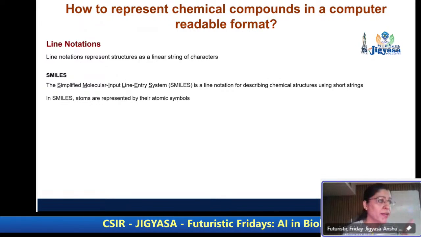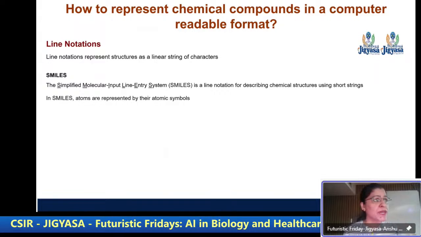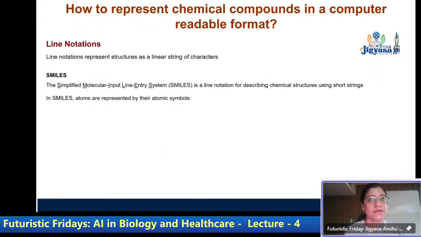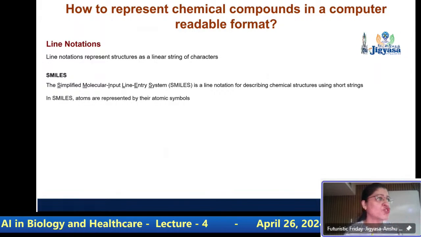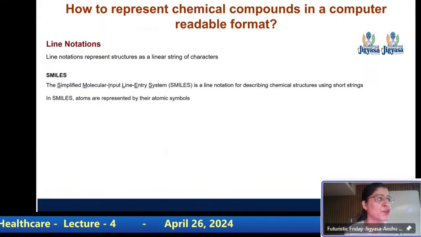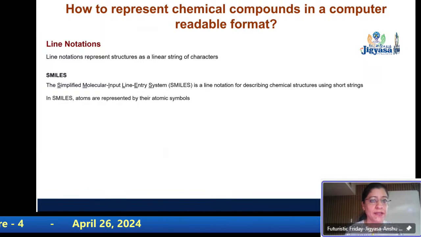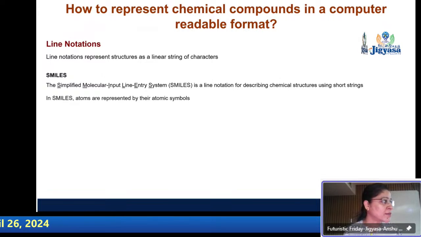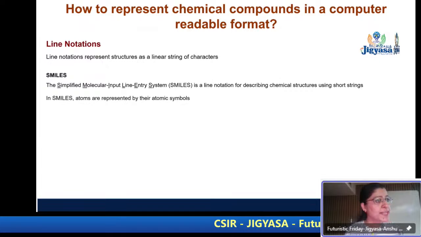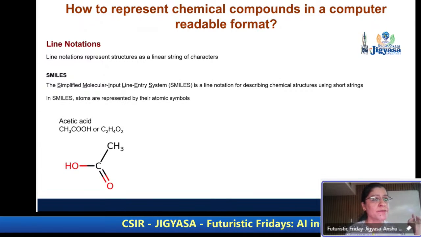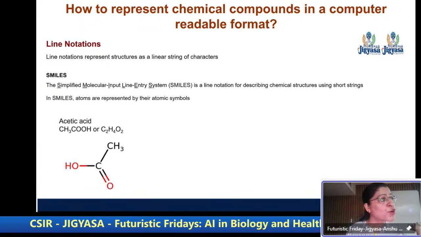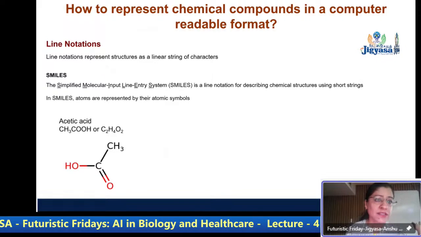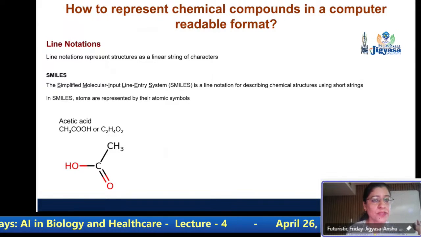Just remember one thing, that in SMILES, atoms are represented by their atomic symbols. You are all reading chemistry at some level in your class, right? You all have chemistry as a subject? Very good. So you know what atomic symbols are. It is very simple. Say, for example, what is this? Acetic acid. How do you draw acetic acid? Is the structure correct?